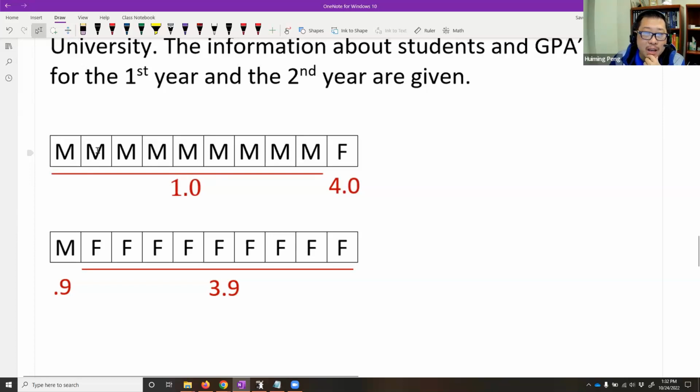We have a total of 9 male students and 1 female student in the first year. This is the first year, and this is the second year.